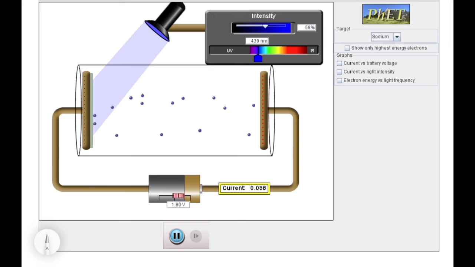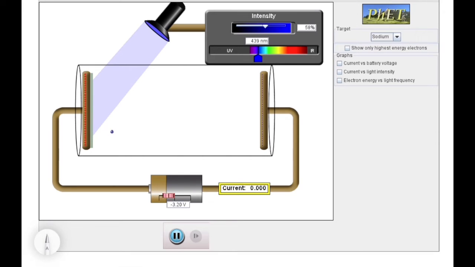So let's say I increase the negative voltage here, you see, the electrons are repelled. When I increase the negative voltage, we are reducing the current to 0. Okay, when the current is at 0, this negative voltage here we call the stopping potential.